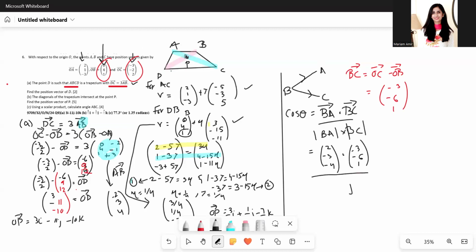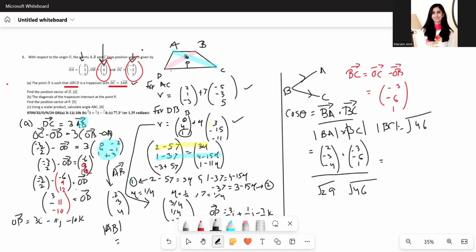Let's write down magnitudes of both of them. So for BC, the magnitude would be square root of 3 squared plus 6 squared plus 1 squared, that's 46, square root of 46. And here we have AB's magnitude equals square root of 2 squared plus 3 squared plus 4 squared. That's 29.